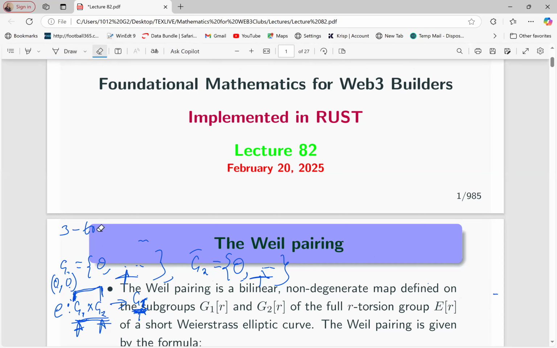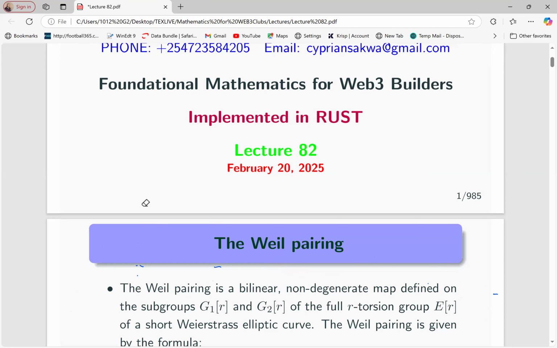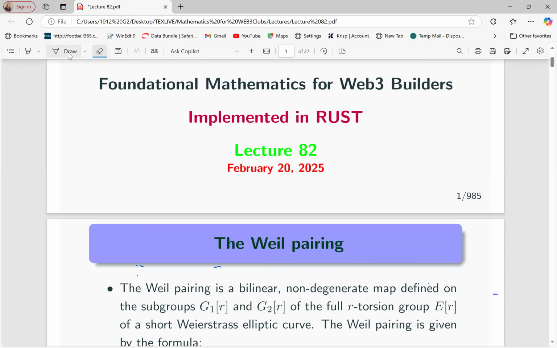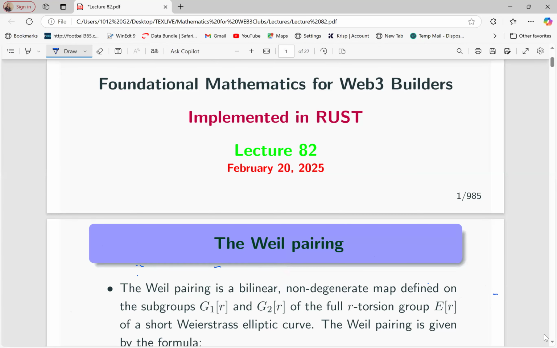So you tell your code to note that every time you add and the result is 0, 0, because you'll be doing some addition. When you're multiplying by a scalar, it means you're adding it that number of times. For instance, if you're multiplying 3 by P, you're adding P 3 times. So if you add 3 times, or 2 times, and find 0, 0, it means you found the point at infinity. So the code then understands that.